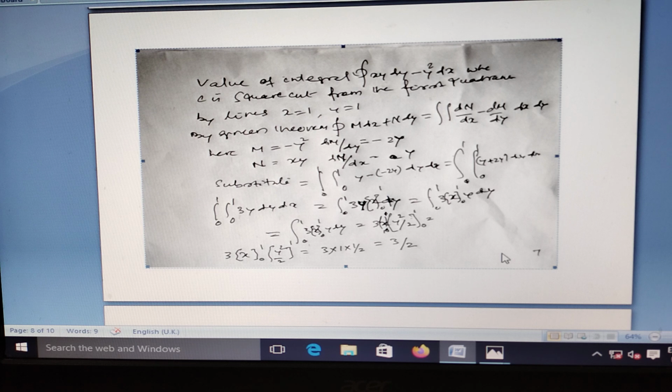The value of the integral of xy dx is a square cut from the first equation by lines. This is Green's theorem. I am telling what Green's theorem is; that is why I had not mentioned it earlier, because it is a different type of problem.